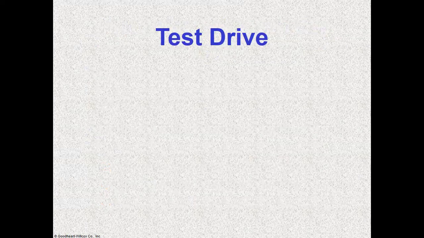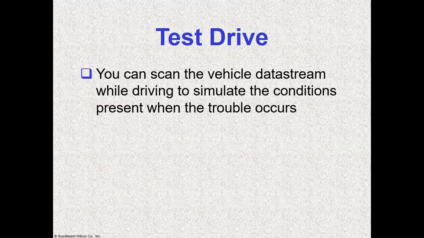Test drive. All of these that we are going through are diagnostic methods. All right, so test drive. You can scan the vehicle data stream while driving to simulate the condition present when the trouble occurred.